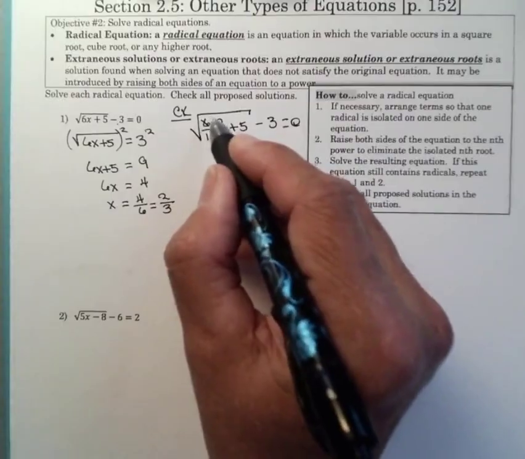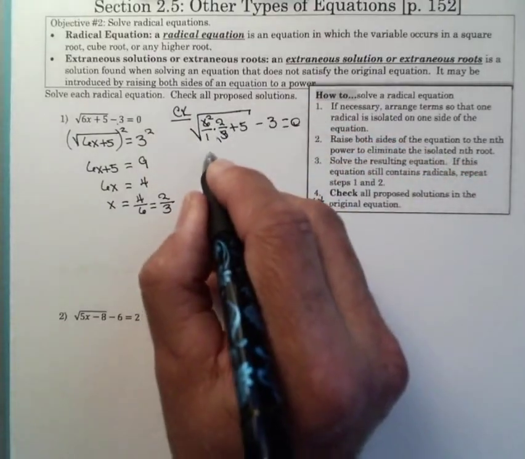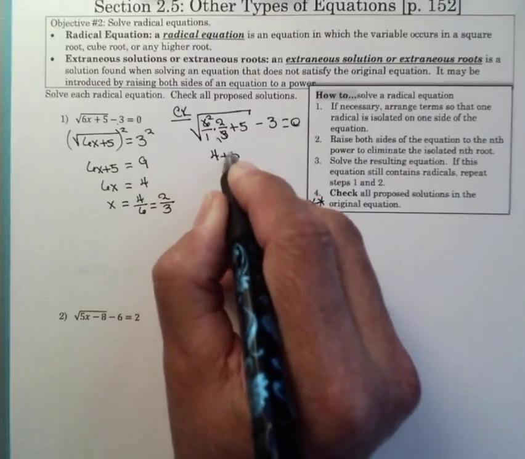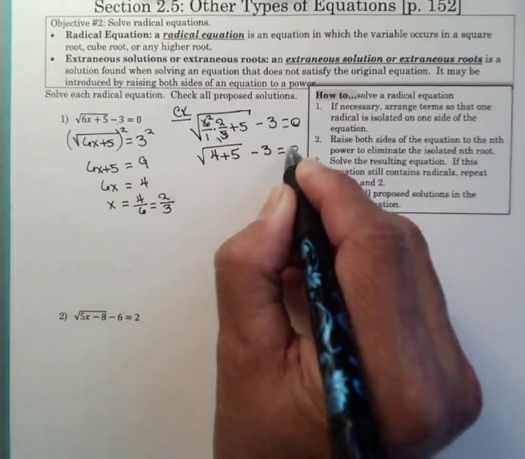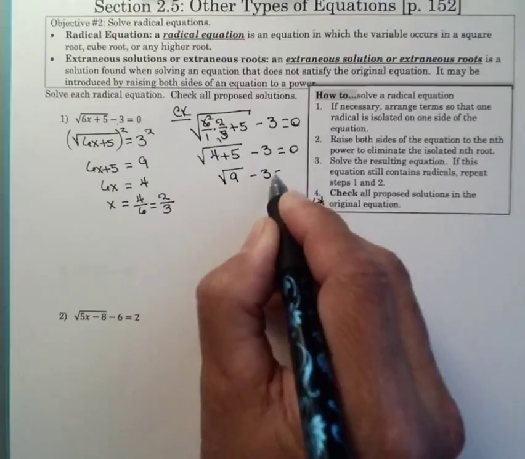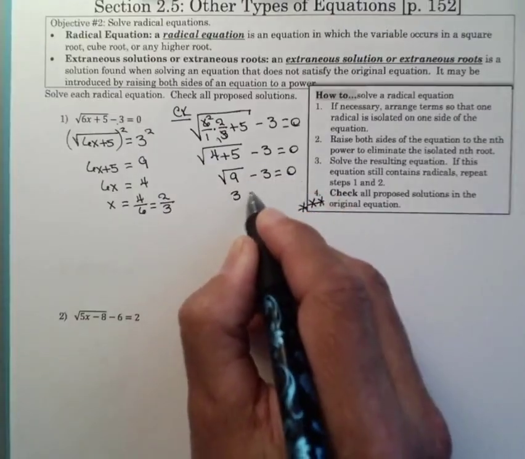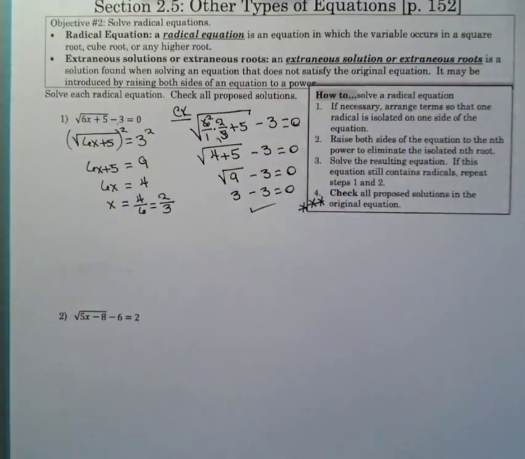And really what we're saying is this is going to be 2 times 2, isn't it? Which is going to be 4 plus 5, still under the radical, -3 is equal to 0. And 4 plus 5 is 9. And I know the square root of 9 is 3. So what happened at that point, 3 minus 3 is equal to 0, my solution worked.